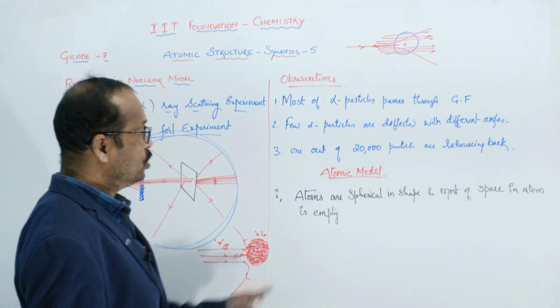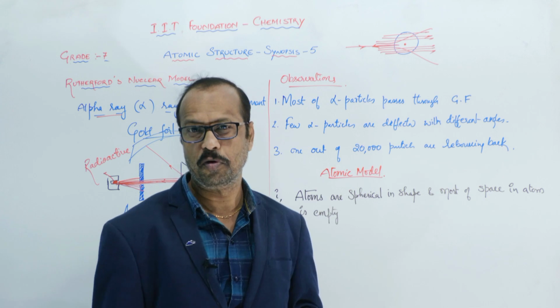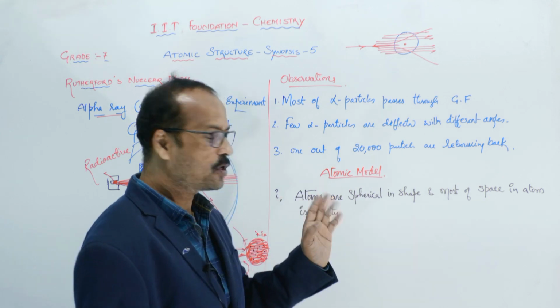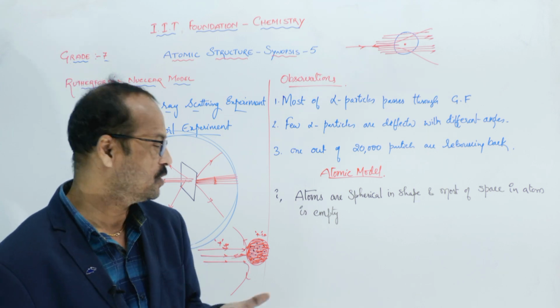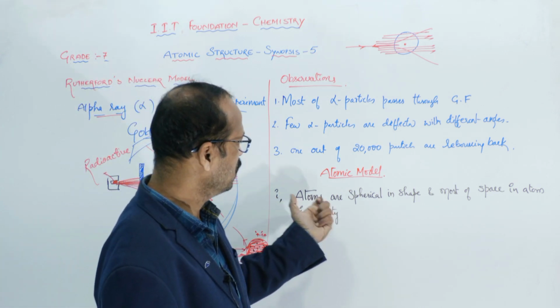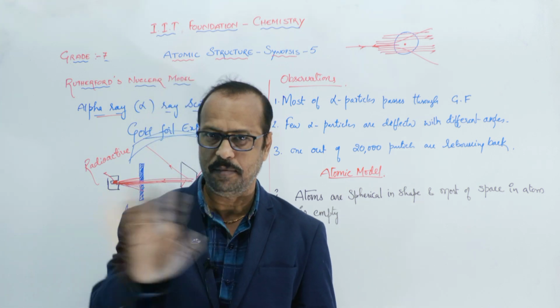Based on his observations, Rutherford proposed an atomic model with some important features, some postulates. First postulate: atoms are spherical in shape, and most of the space in the atom is empty.